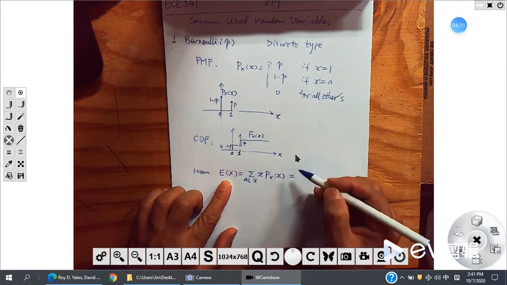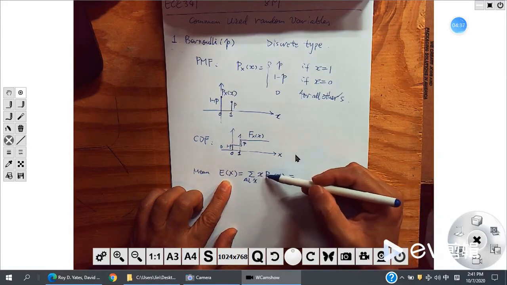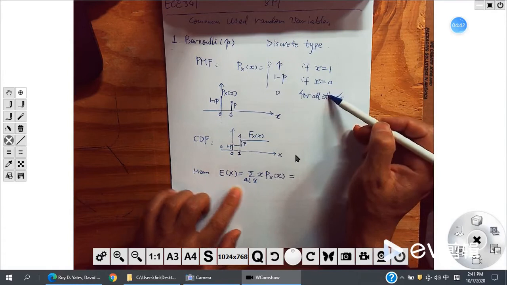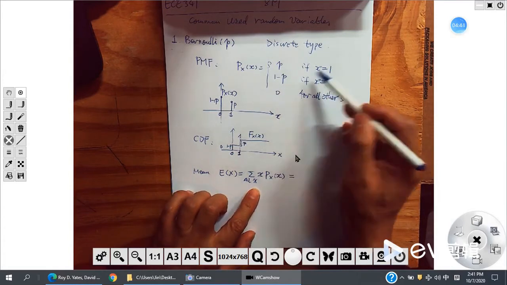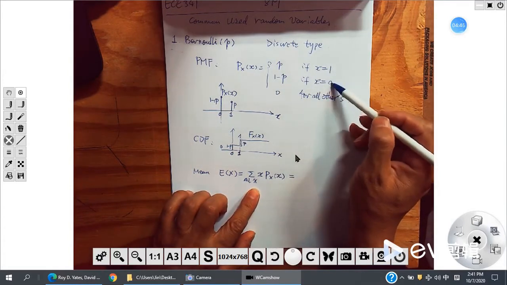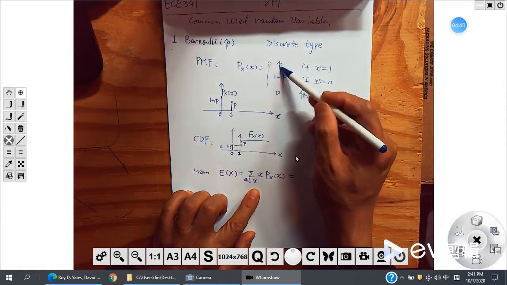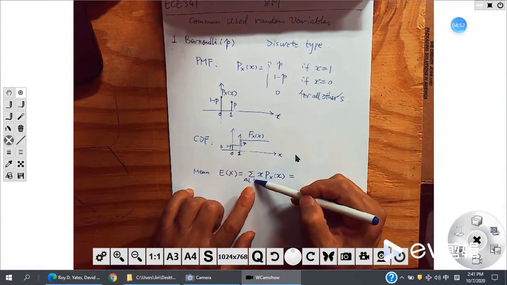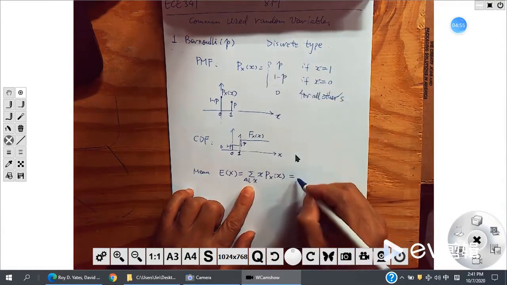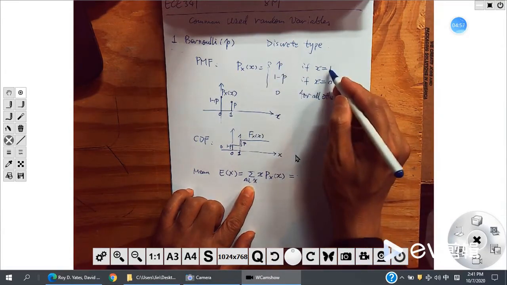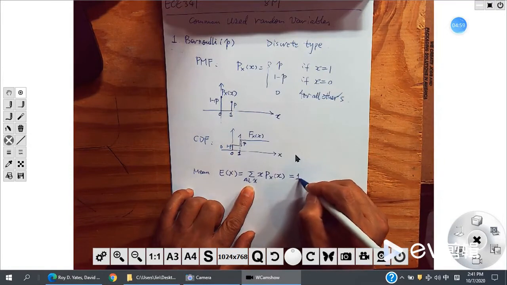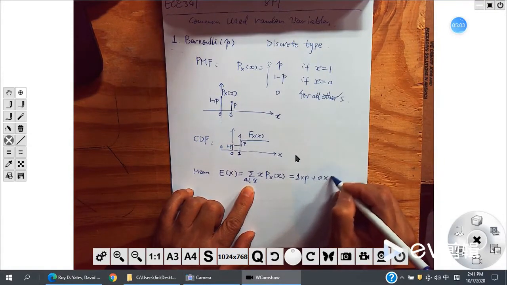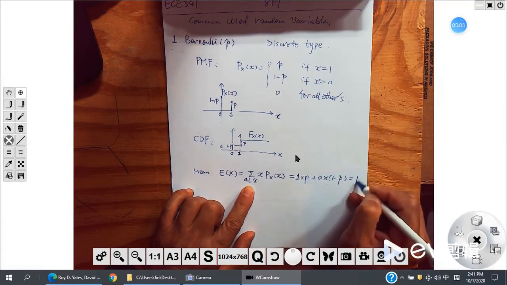In most cases p_X is 0. Only when x equals these two values do you have non-zero probability. So you only need the summation of these two: 1 times p, and 0 times 1 minus p. So this is p. It's the mean.